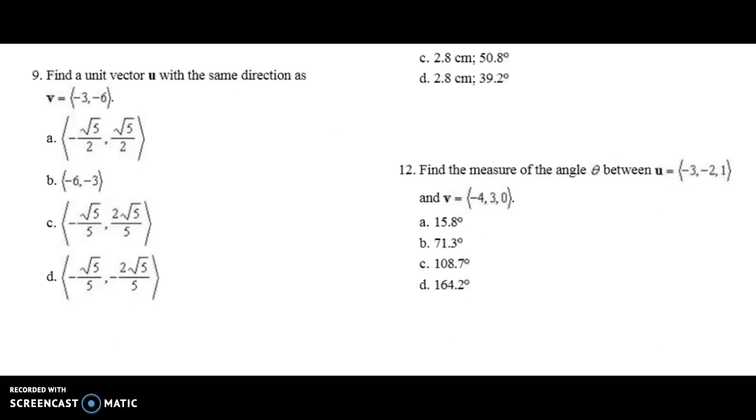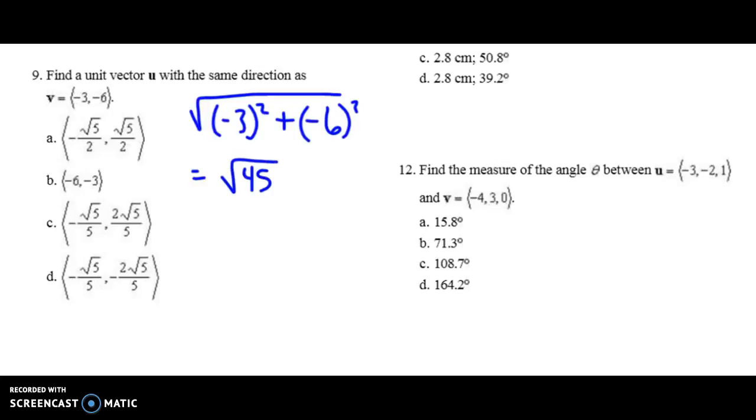So now in number 9, they want us to find the unit vector u with the same direction as v. So first, to find that, we need to find the magnitude of v. And so we took -3 squared plus -6 squared. We squared those, so it's 9 plus 36, which would be the square root of 45. And so then I took both v components over the square root of 45.